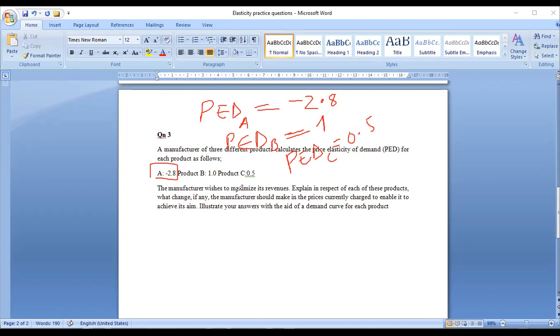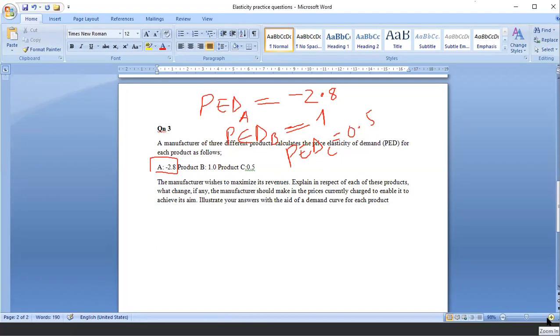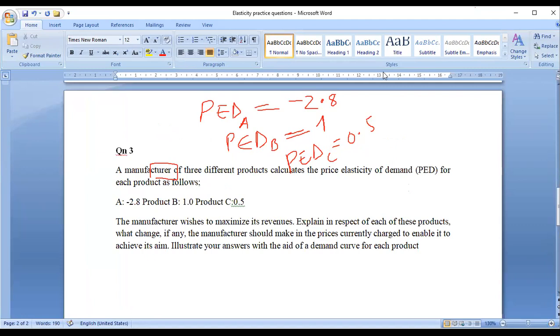A manufacturer wishes to maximize its revenues.